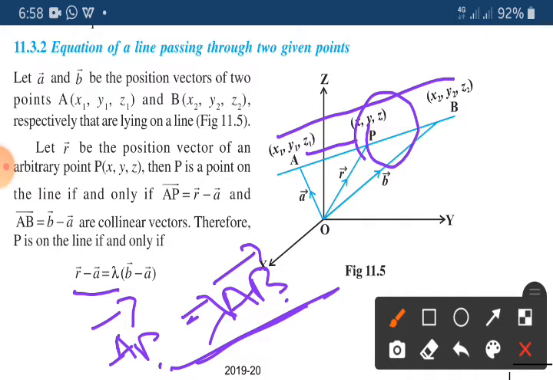So AP vector, r vector minus a vector, is equal to lambda times b vector minus a vector.